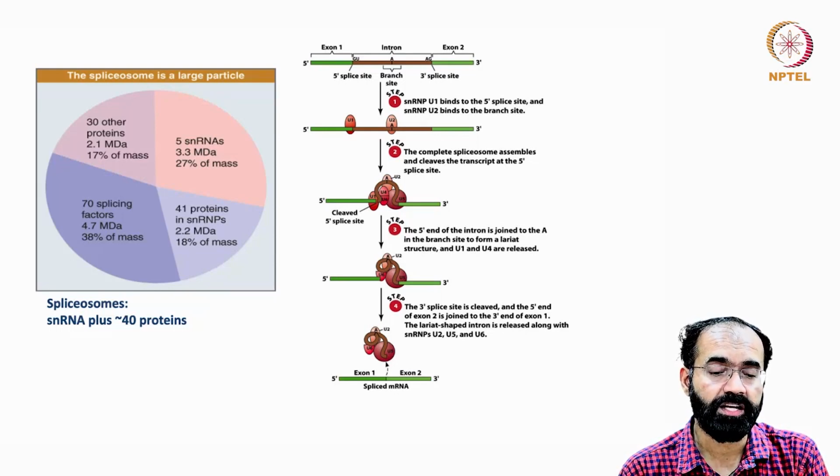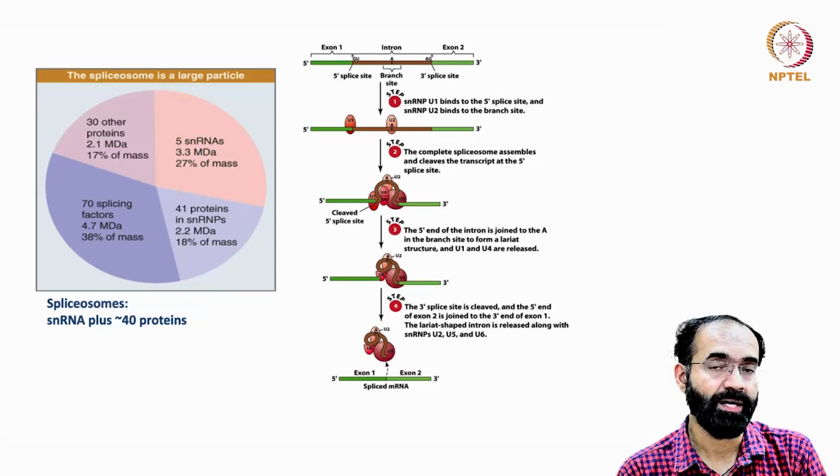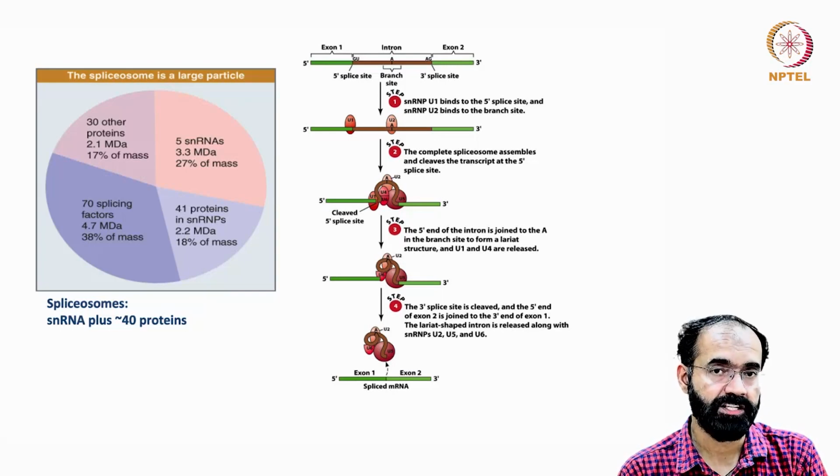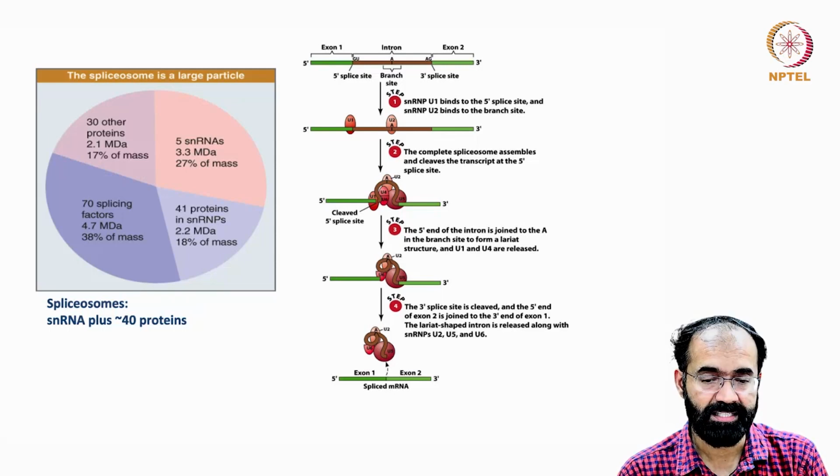Then again you have 41 proteins constituting the snRNP, which adds up to around 2.2 megadalton and 18% of the mass, and 70 splicing factors, which is around 4.7 megadalton and 38% of the mass. So we should understand spliceosomes form only a minority compared to the large number of proteins that can bring in variations during the splicing process.